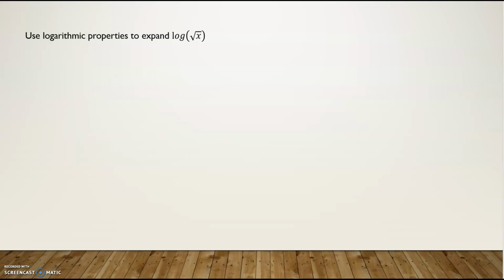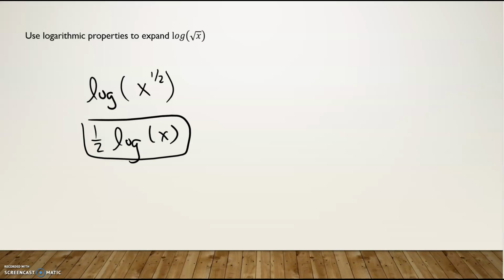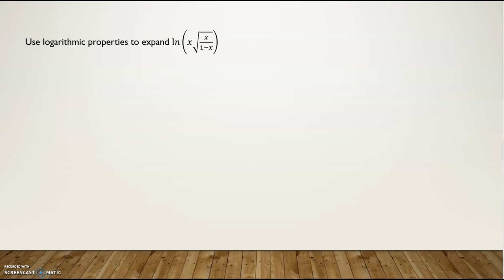Okay? Now this one, we need to rewrite this as not the square root of x, but x raised to 1/2. So this would be 1/2 log of x. Okay, now this one, first off, I have two things multiplied together. So it's going to be the natural log of x plus the natural log of the square root of x over 1 minus x.